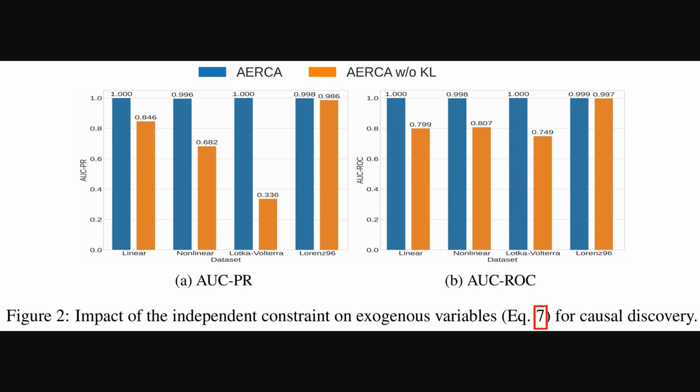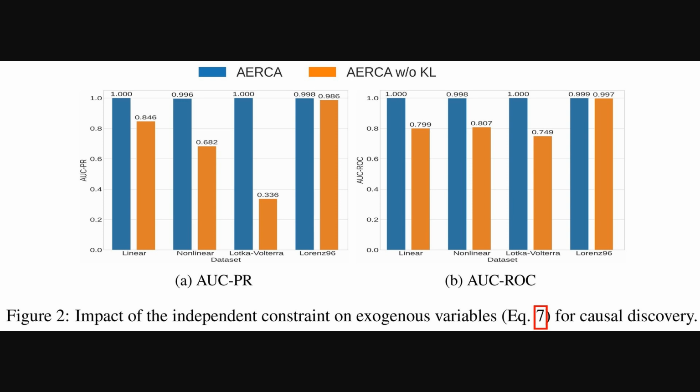This constraint is enforced using what's called Kullback-Leibler divergence, or KL divergence, a statistical measure of how different one probability distribution is from a reference one.